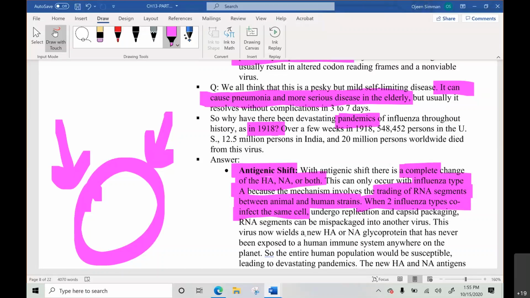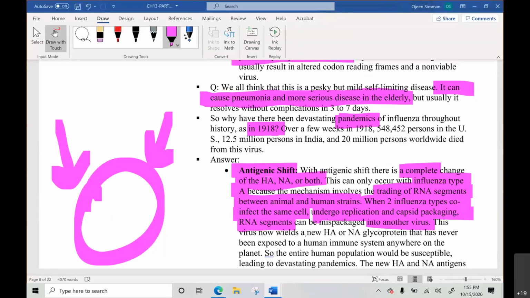Once they have taken over that host cell, they undergo replication and make new capsids, and RNA segments are embedded in the capsid, and they do a genetic reassortment. This leads to the formation of another virus.